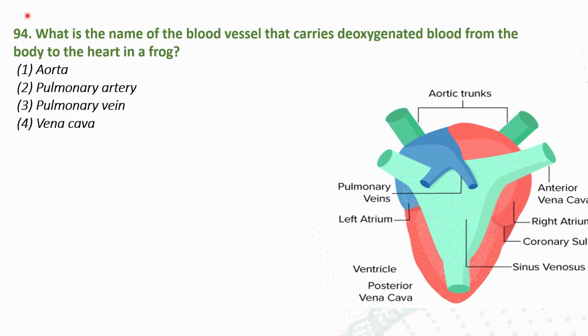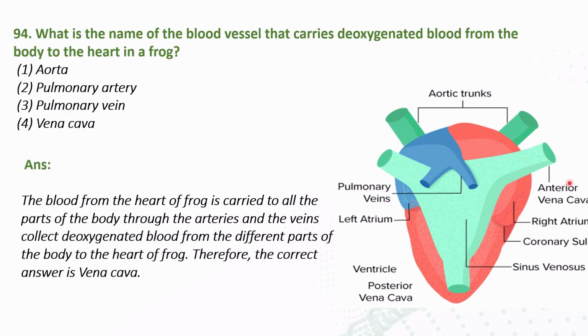So they are asking which blood vessel carries the deoxygenated blood from the body to the heart in a frog. The options were aorta, pulmonary artery and pulmonary veins.